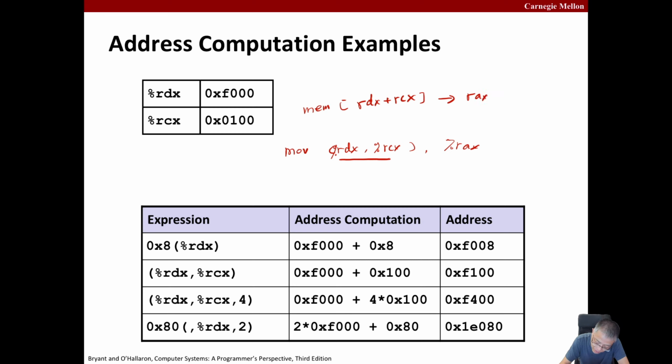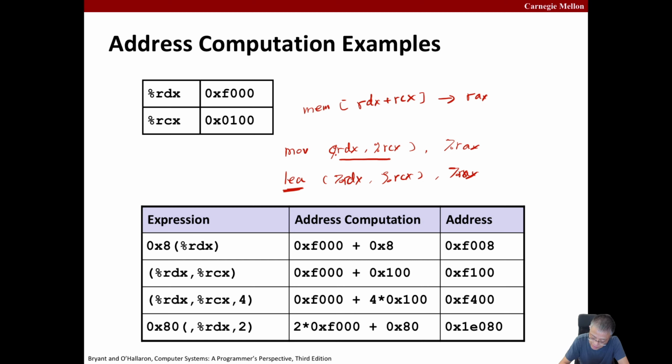But if we have an LEA instruction with the same encoding of the addressing mode, what this instruction does is just calculate the memory address. It will not access the memory.